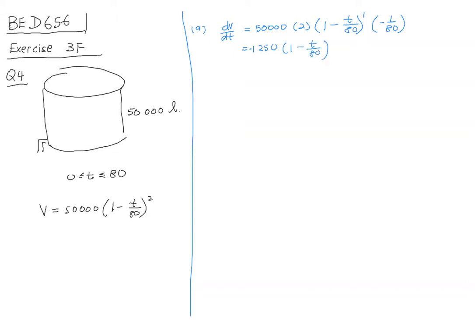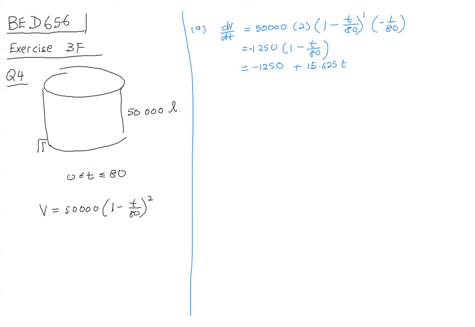Okay, so this is your dV over dt. Now they ask you to draw the graph of dV over dt. So the best way is what? The graph of dV over dt is a straight line, correct? And if I expand this, okay, I have 15.625 and the t there. Am I right?